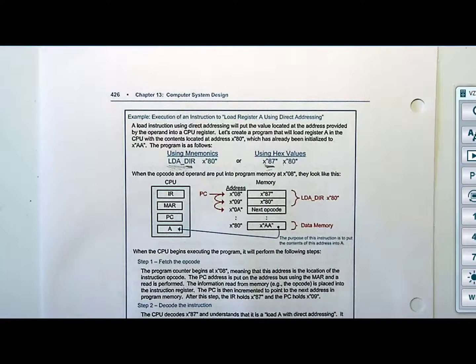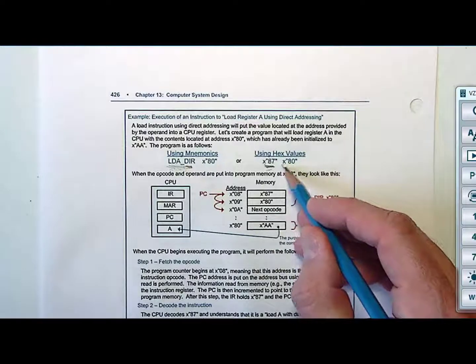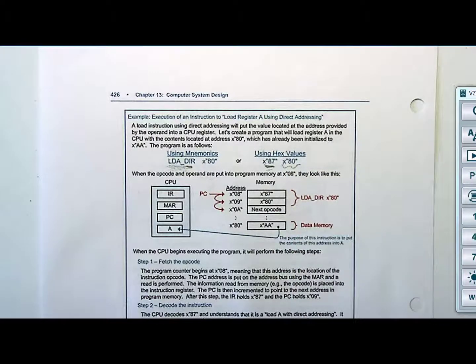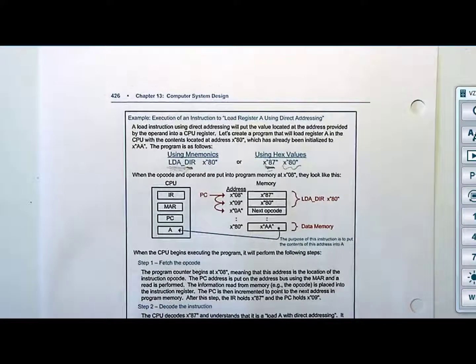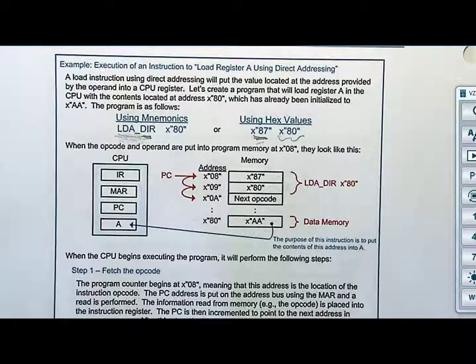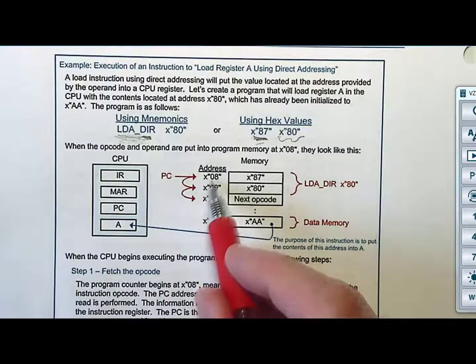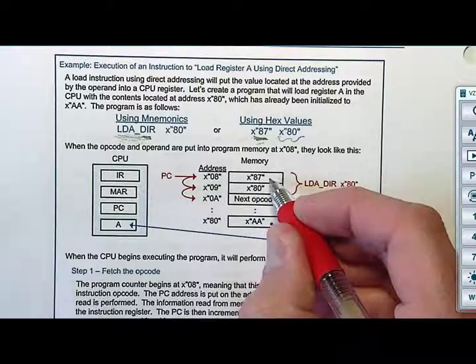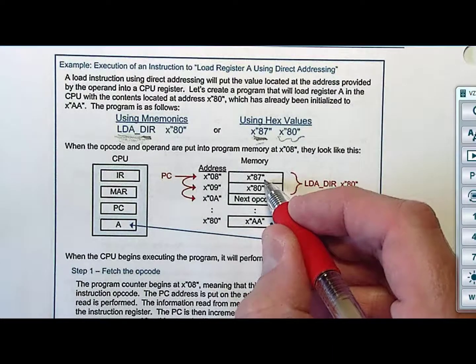Let's do an example where I choose to use 80 as the address of where I'm going to go grab information. In this situation, let's put this at 08 for no other reason. We're going to stuff this into memory at 08, and we're going to put 87 there, which is the opcode.